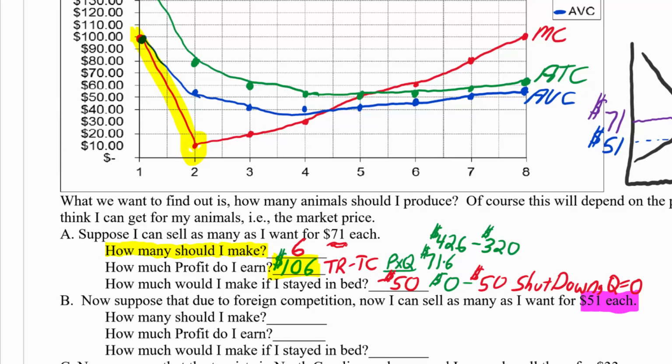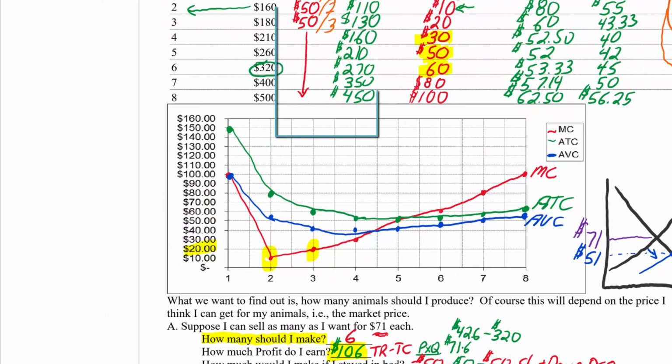And we say, should we produce the first chainsaw animal? Well, we kind of ignore that one, right? So we start at the second one. Should we produce the second one if the marginal cost is 10 and we can sell it for 51? Yes. Should we produce the third if it costs us 20 and we can sell it for 51? Yes. So when are we going to stop?